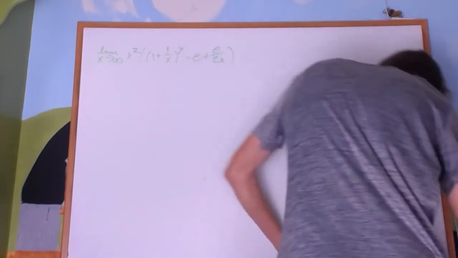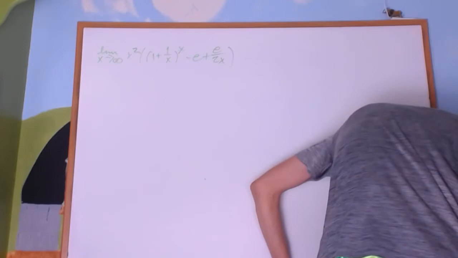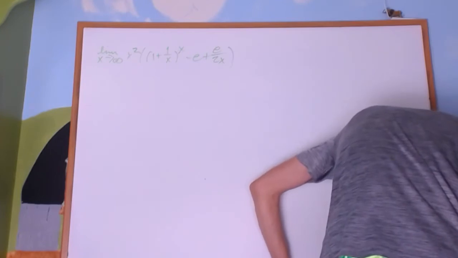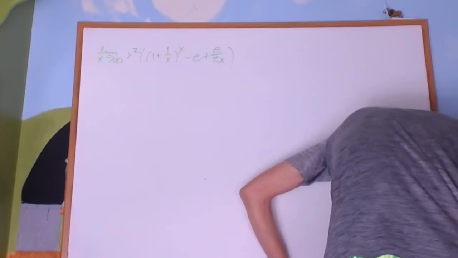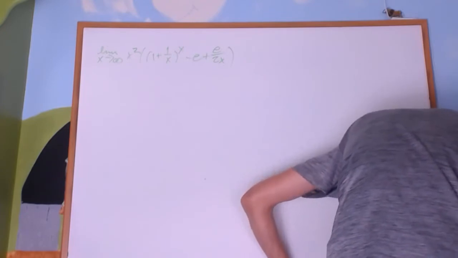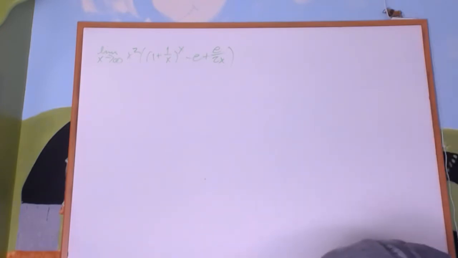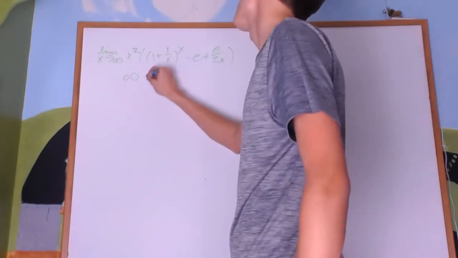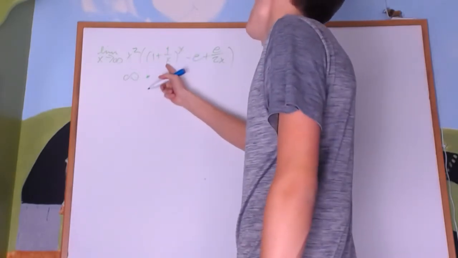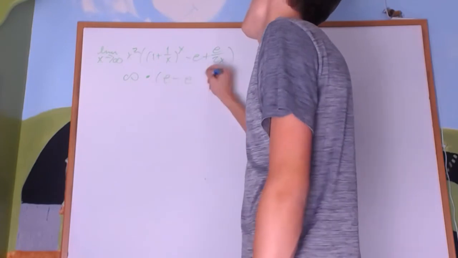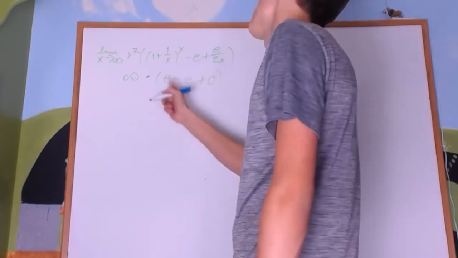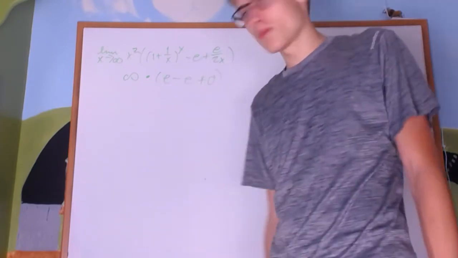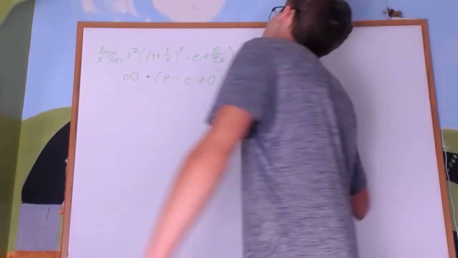Okay, how did you get your answer? Why doesn't it diverge? Plug in infinity. You get infinity here. You get e there. Minus e, you get plus 0. That's infinity times 0. It's indeterminate. You don't know.